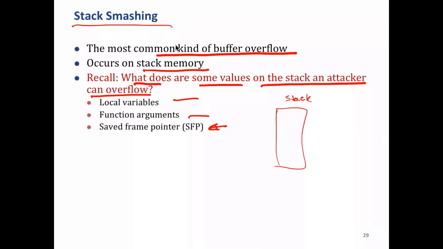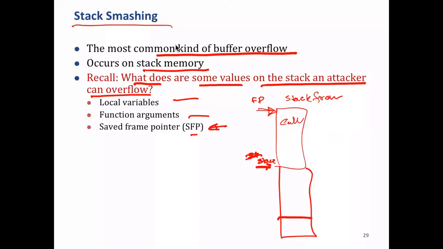Note that this is also in the stack, right? So there is a stack frame. Now in the caller function, the starting address of the frame is given by the frame pointer, and the stack pointer is at the top. And apart from that, in the text segment, there is a counter called the program counter, or we call it the instruction pointer.